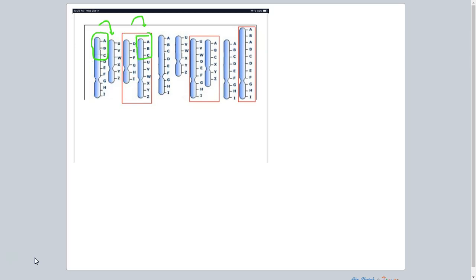And even on the second chromosome, U through Z remains unchanged as well. So that seems to be the only thing that occurred: a piece of the first chromosome snapped off and moved onto the non-homologous second chromosome. No DNA moved in the opposite direction. So we're going to go ahead and call this a non-reciprocal translocation.